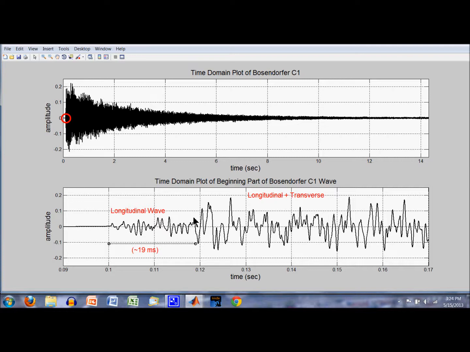It's the vibration in the flexible wire along the axis of the wire, as compared to the peaks over here, which are transverse, where the transverse vibrations are perpendicular to the axis of the string. So we've got two things going on here. The longitudinal wave is a higher frequency wave. It moves more quickly across the string than does the transverse wave.